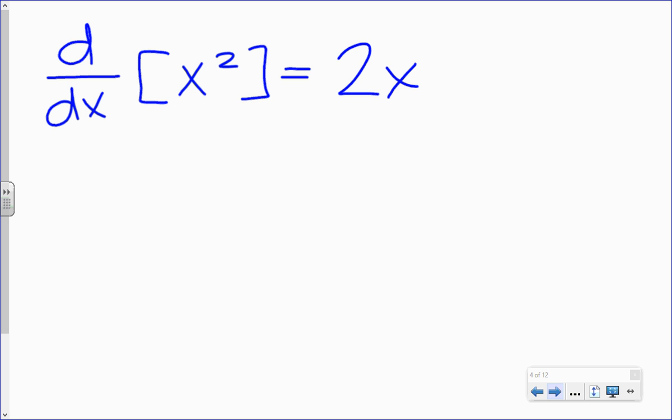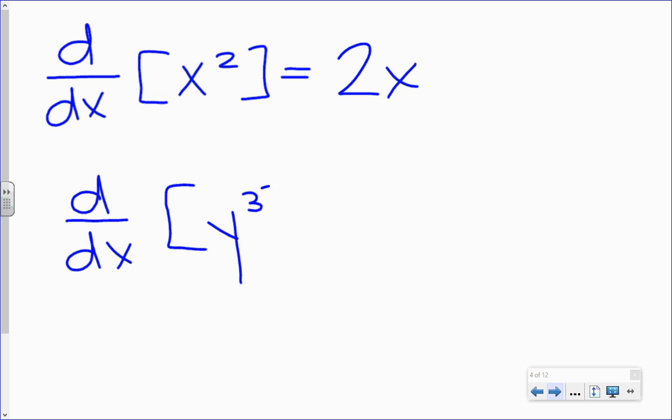Now, the derivative with respect to x of y cubed. You are not wrong. Well, you are not completely wrong if you say 3y squared.